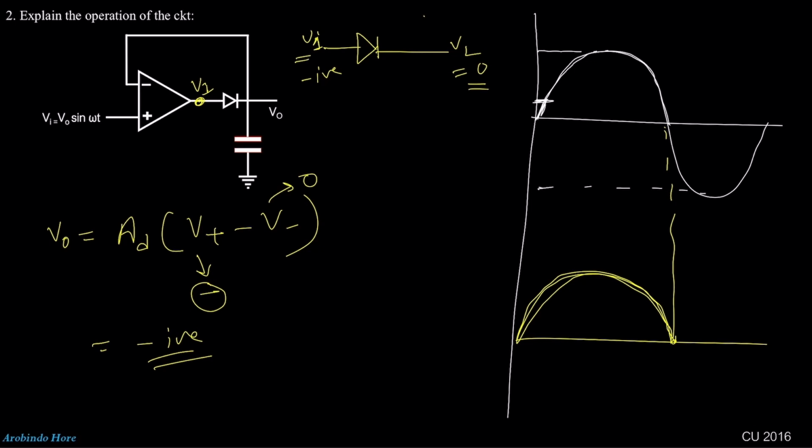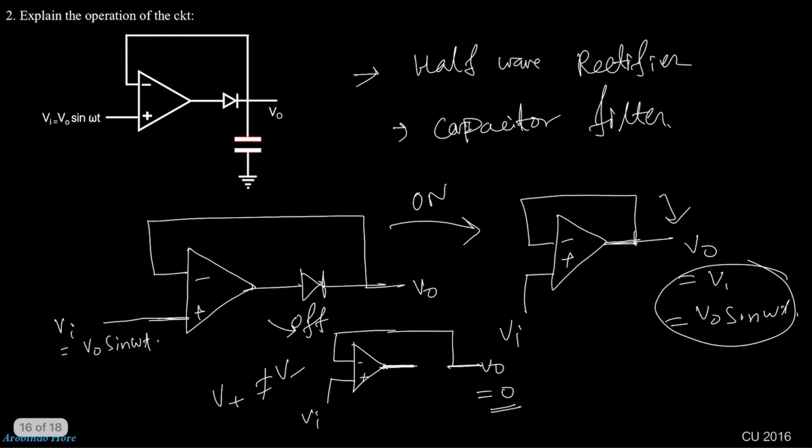That means the current should flow from V2 to V1, but the diode will not conduct in this condition, because the diode is in reverse bias. That means the diode will be turned off. And I already told you in the last slide, if the diode is turned off, then this is an open circuit. That means the output will be 0.